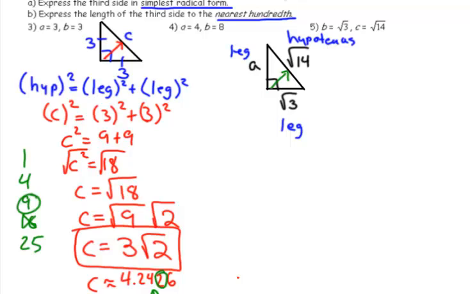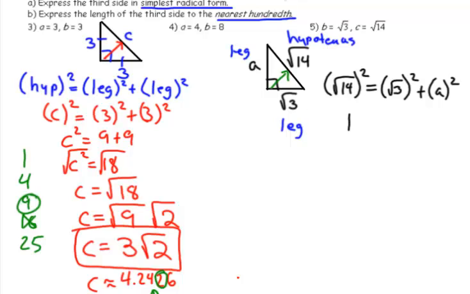I think we've done it enough at this point where we don't need to write the formula out, but we take and we put in parentheses the square root of 14 squared equals the square root of 3 squared plus A squared. Now, when you are squaring a square root, like we're doing here, the square cancels out the square root.